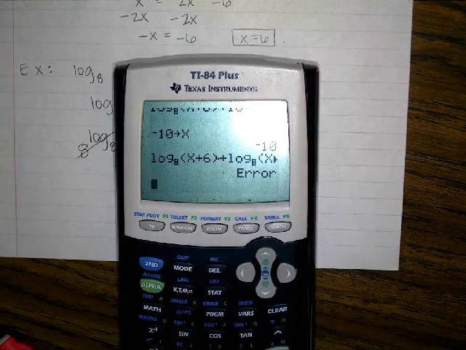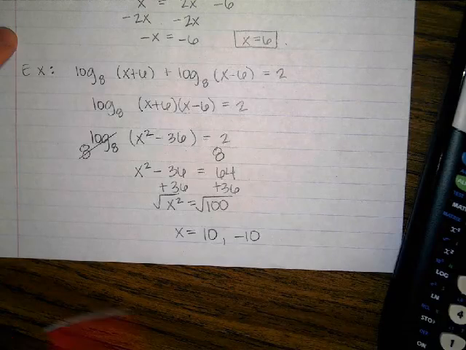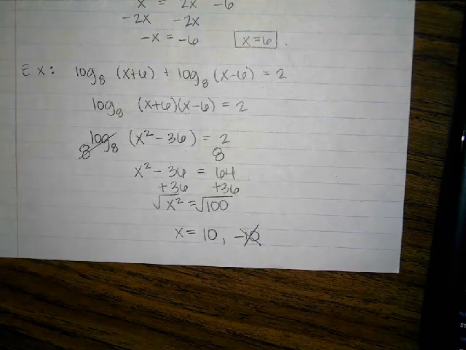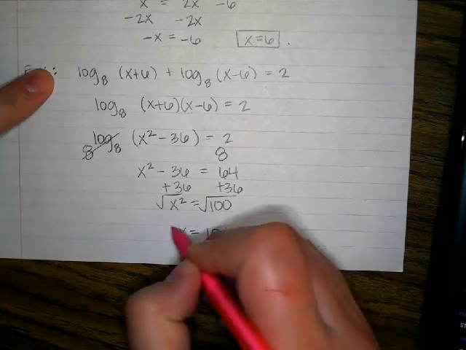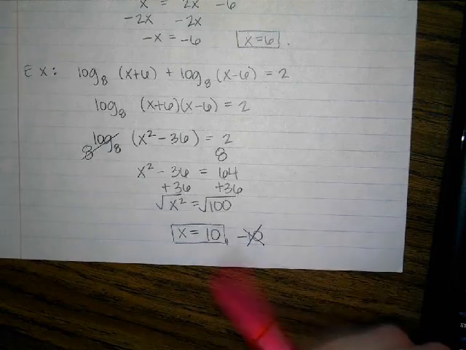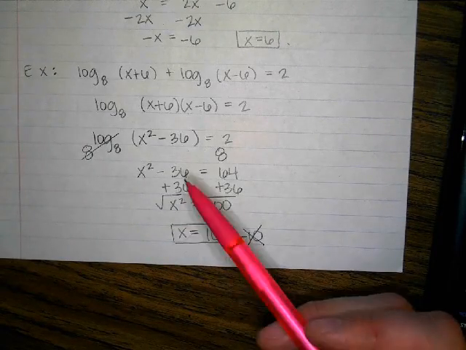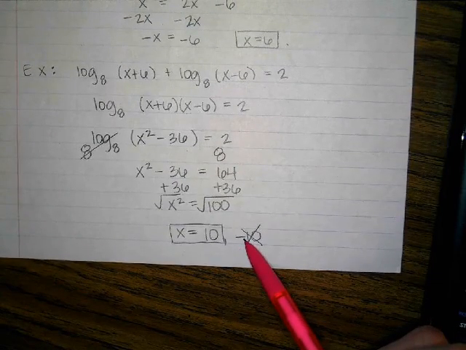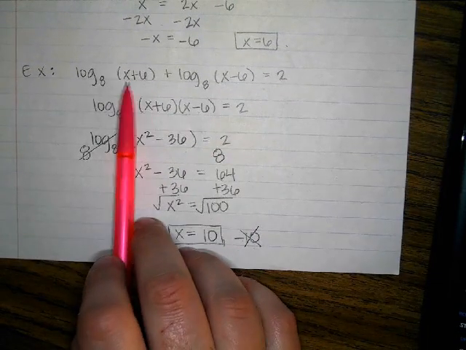If we look back at the problem, negative 10 was the issue. Negative 10 plus 6 is negative 4. Negative 10 minus 6 is negative 16. For both of these, you would be taking the log of a negative number. That's the issue with the problem. Does that make sense? The issue is with the negative 10.